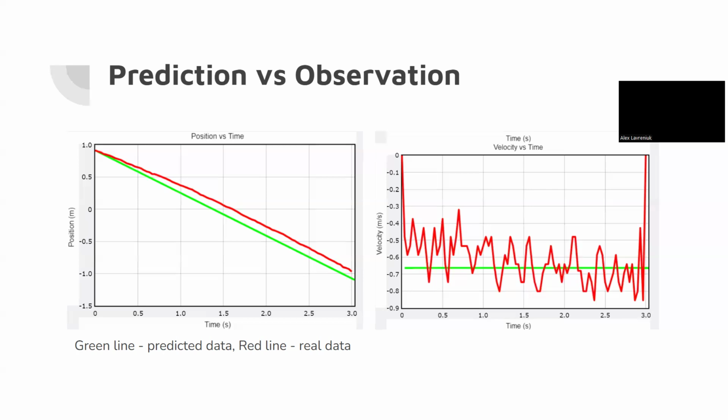We would still have that the real position is just a little bit smaller than the predicted one, but we would just reverse the graph. The same with velocity. The only difference would be that all the values would be multiplied by -1. So basically, it would be a symmetrical graph like that.